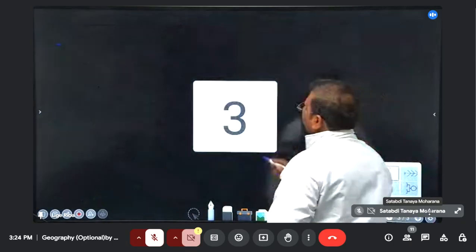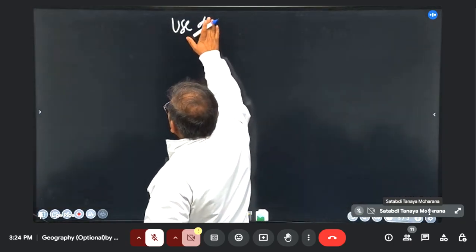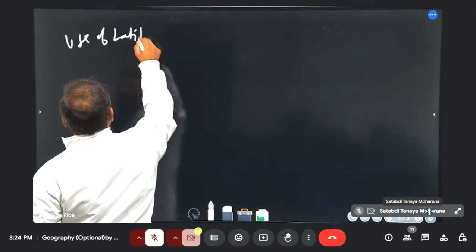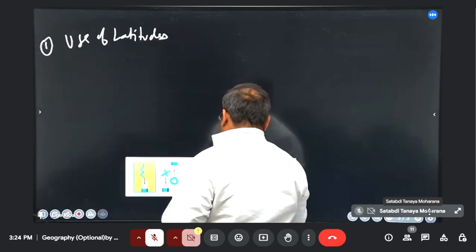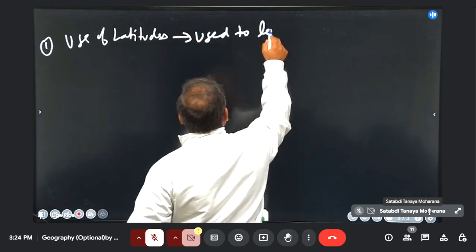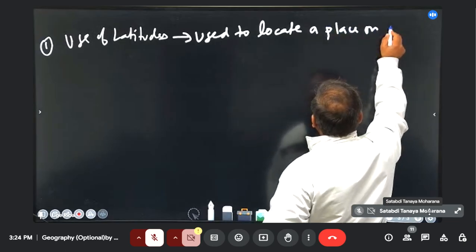Okay. So move to the next one. Use of latitudes. What is the use? They are used to locate a place on the globe.